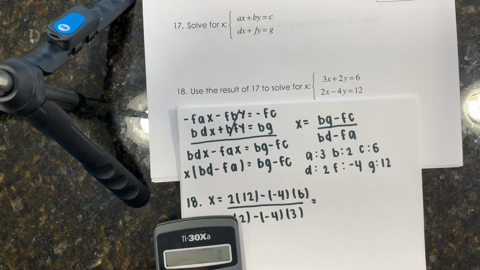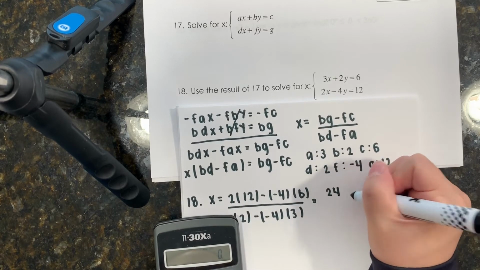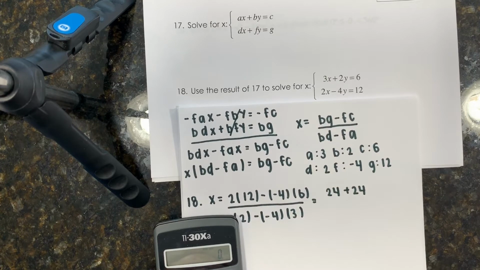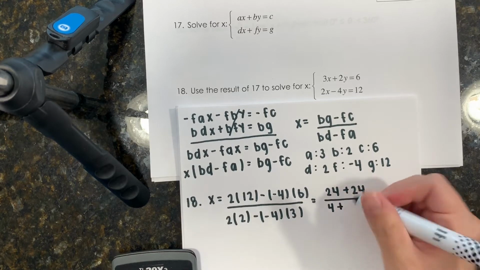So I have 2 times 12, which is 24, and then 4 times 6, which is also 24, but it would turn into plus because of the two negatives. And then in the bottom, I have 2 times 2, which is 4, and then 4 times 3 is 12.